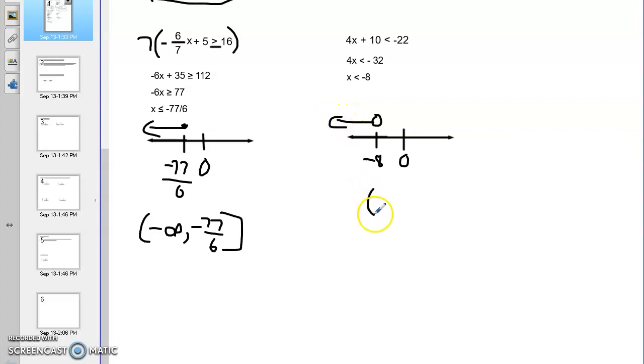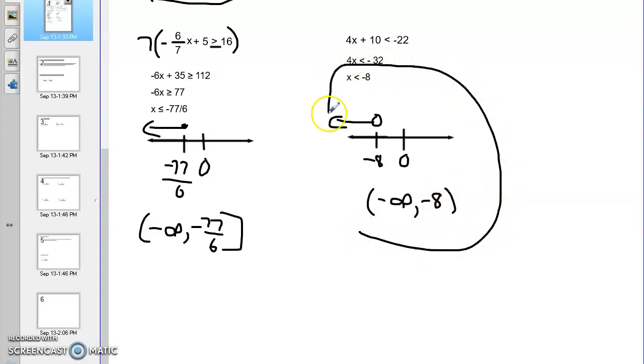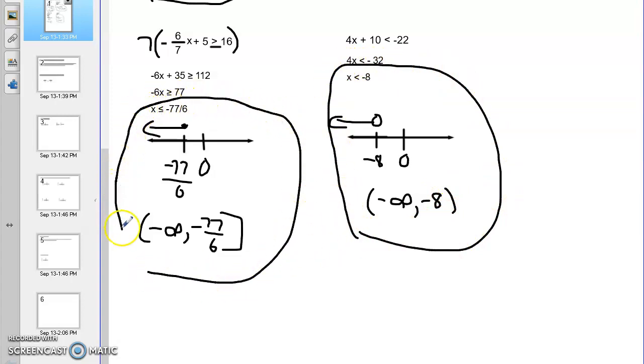And then we get a parenthesis, negative infinity. And because it's just less than, we also get a parenthesis around our negative 8. And these are our answers. Remember, you need to solve the inequality as well as graph it on a number line, as well as put it in set notation.